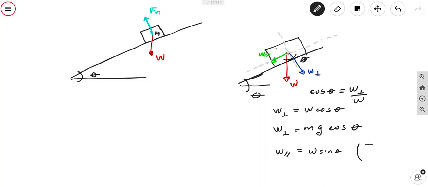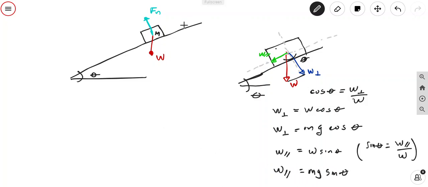Because this comes from sine of theta equals the opposite side to the angle theta, that would be this segment we have here that is parallel, W parallel, over the weight. So if we know that weight is mass times gravity, now we know that the parallel component of the weight is mass gravity sine of theta.